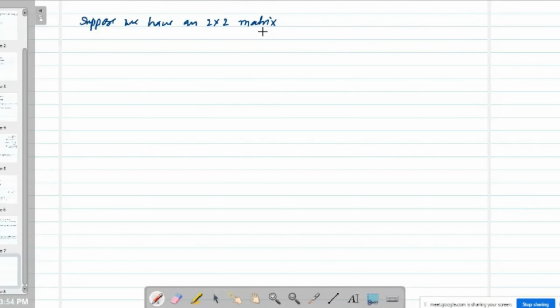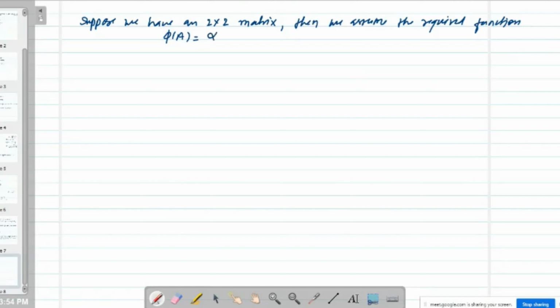Then we assume the required function like this: phi of A equal to how much?